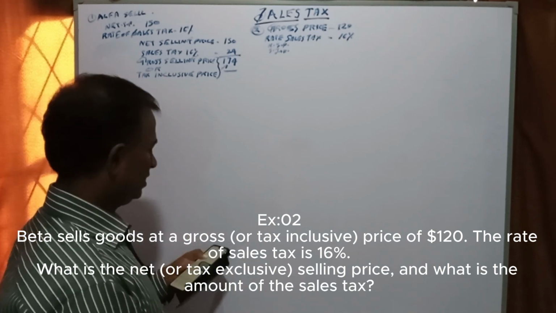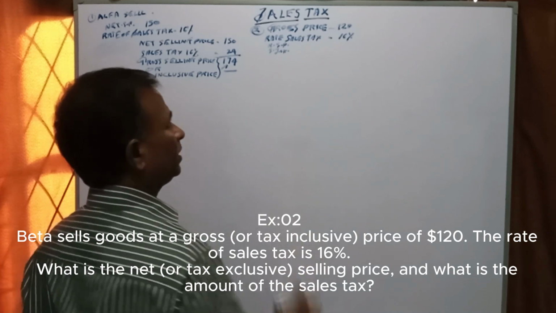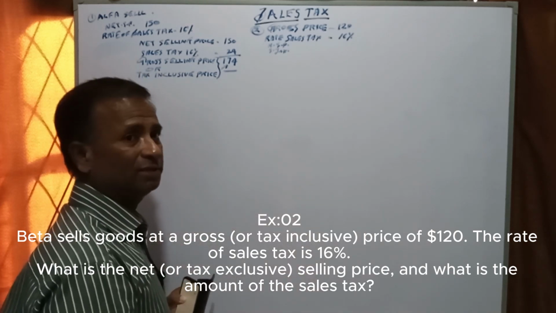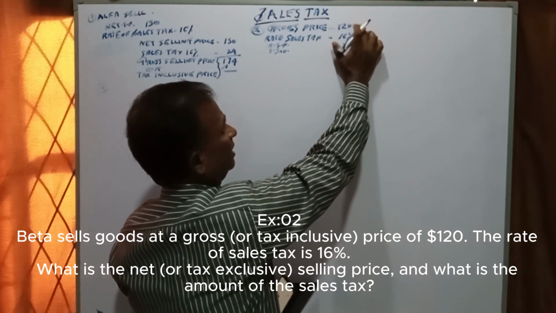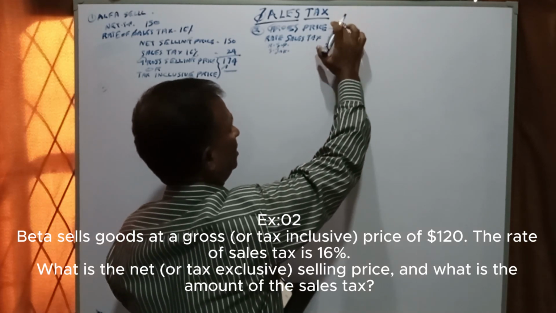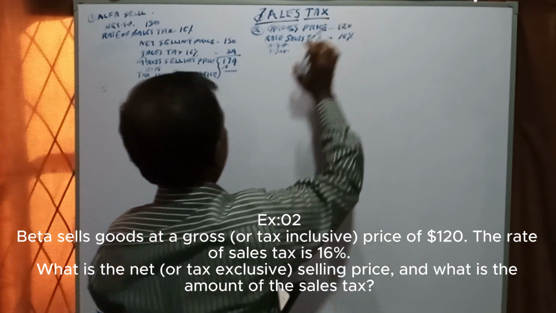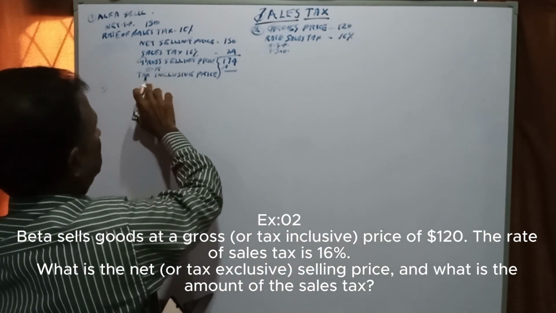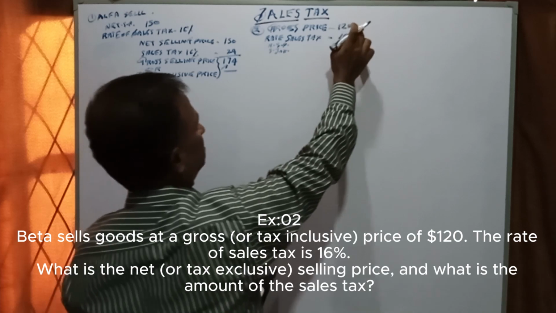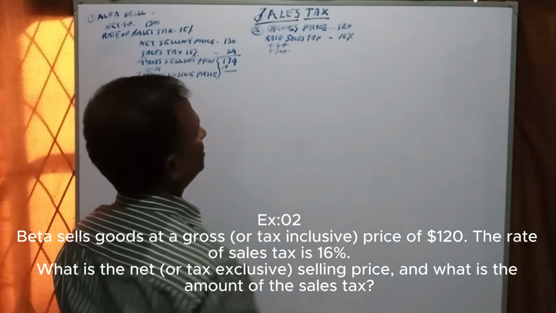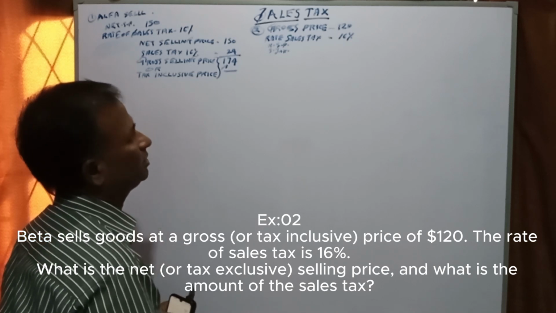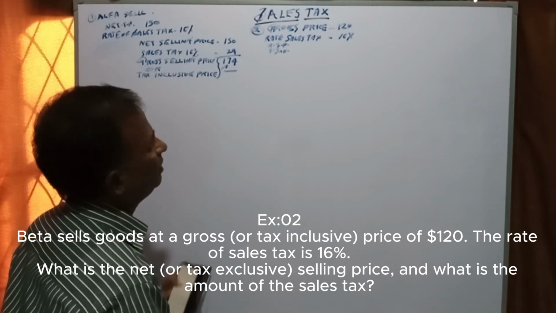So here they have given the gross price. Gross price means the price includes the sales tax, so it is tax inclusive. The rate of sales tax is 16 percent.